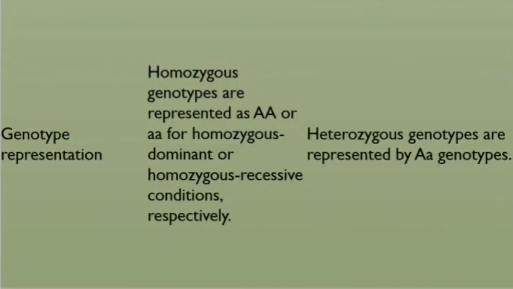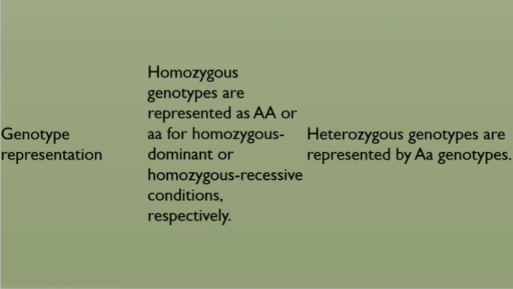Now let us come to the second difference between homozygous and heterozygous. In the case of homozygous, there are two varieties, that is, homozygous dominant as well as homozygous recessive.